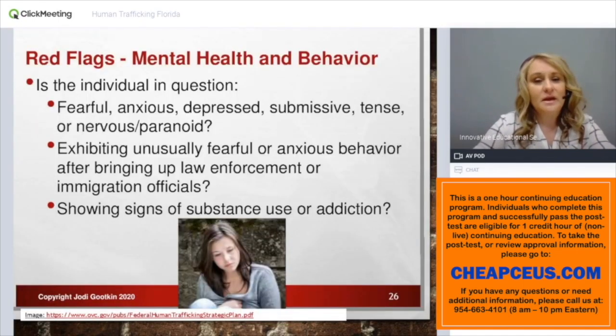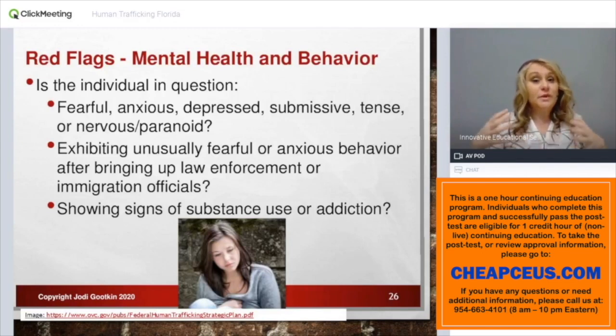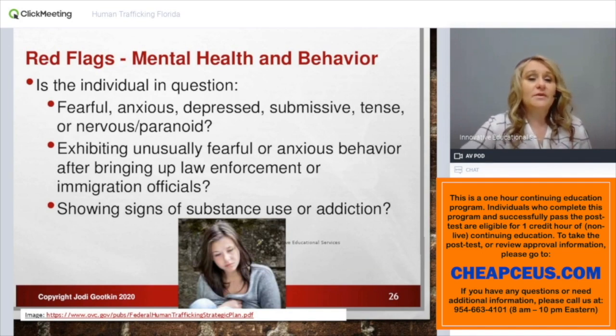As we look at mental health and behavior, traffickers also utilize psychological means to control their victims, and these individuals, from being in continuously stressful and abusive situations, are going to present in different ways. There's no one way individuals are going to present. Some of them may be very fearful and anxious.